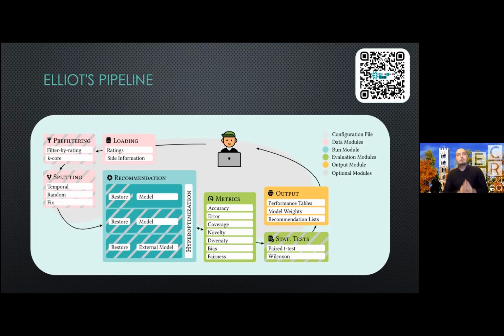Because honestly, we have a lot of different possible splitting strategies that you can find. In the literature or in the handbook, you can find that even if you change a slight detail of the splitting procedure, everything changes.